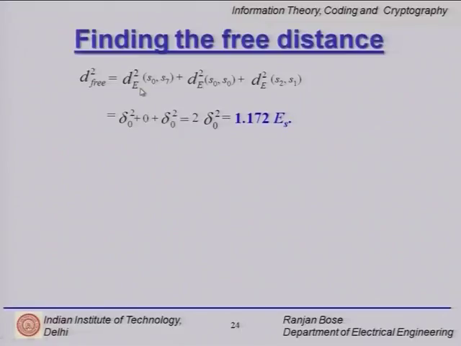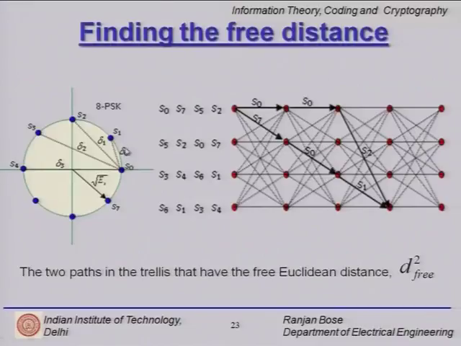So, we take the squared Euclidean distance between S0 and S7, between S0 and S0, and between S2 and S1. If you add them up, you get the answer equal to 1.172 ES. What is ES? Well, the radius of the circle is the square root of ES.